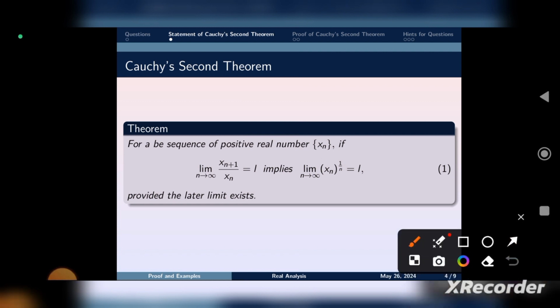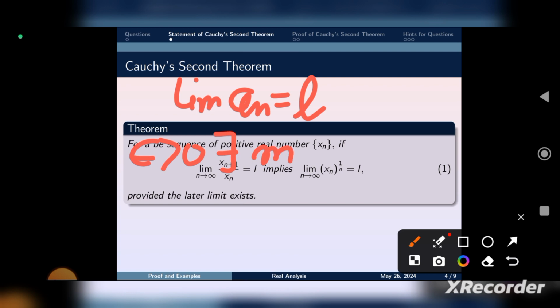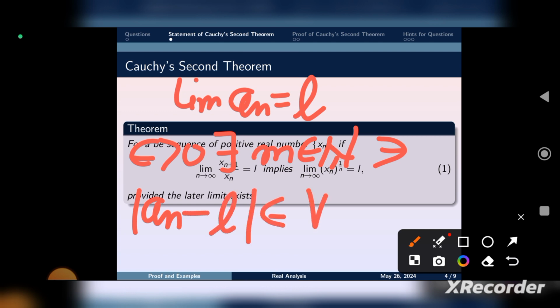First we will recall the definition: if sequence an converges to L, so if the limit of an is equal to L, this means for any given epsilon there exists a natural number m such that the absolute difference of xn minus L is less than epsilon for all n greater than or equal to m.